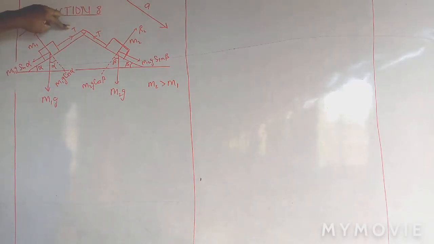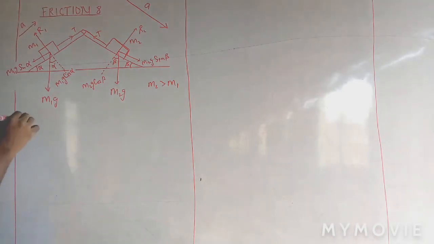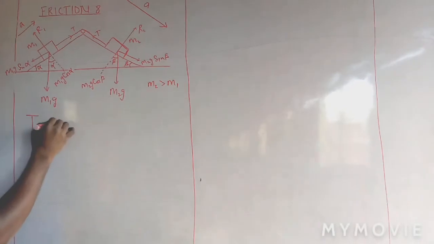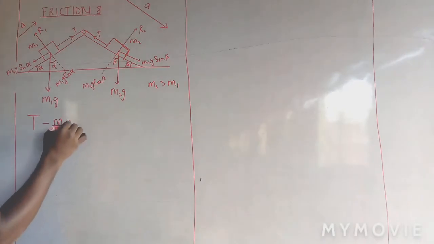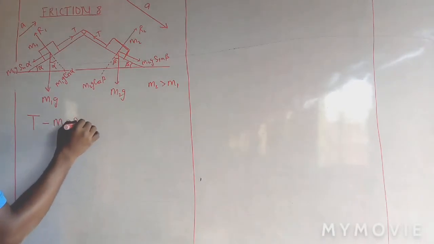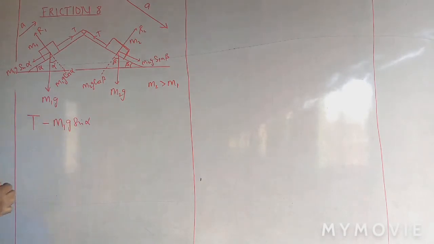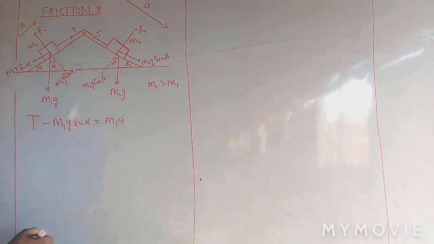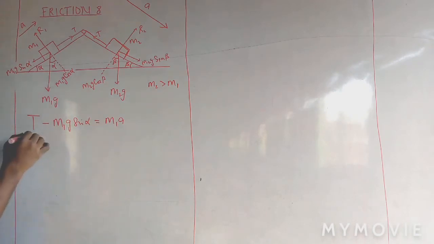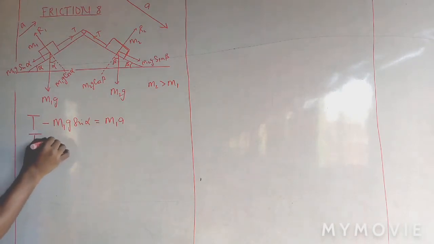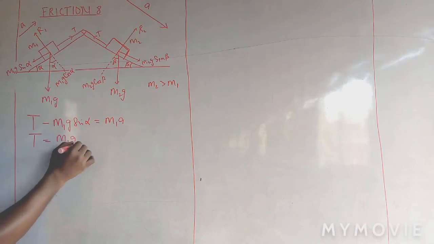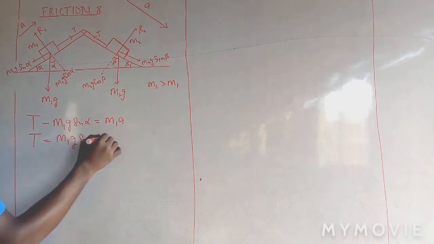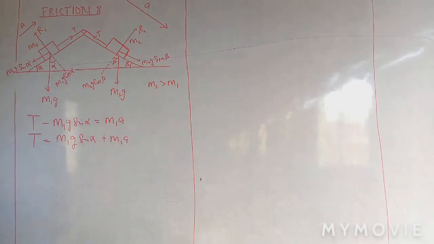Since the direction of acceleration is like this, it means to derive my formula for tension, I have to start with the tension here. So tension T minus m1g sine alpha is equal to m1a. So from here, T is equal to m1g sine alpha plus m1a.